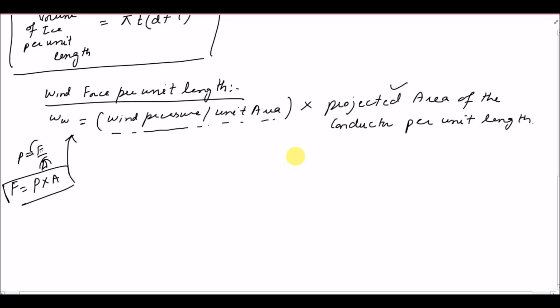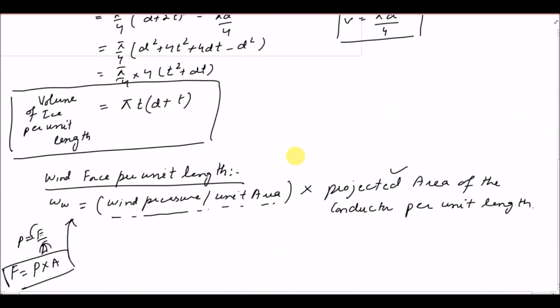For the projected area, we are given a conductor. So for example, we have a conductor. This is a cylinder, right? But when wind is applied from this direction, the projected area of this particular conductor will be this rectangle, right? So when the wind is acting on the conductor, it is just like it is acting on a rectangle.